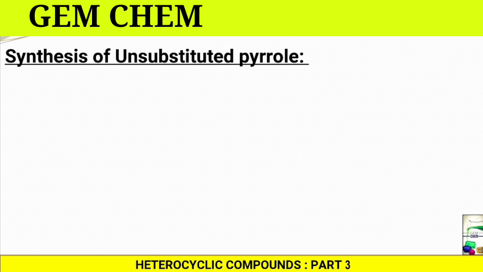Now we are going to try to synthesize unsubstituted pyrrole. And in this case, we are going to use 2,5-dimethoxytetrahydrofuran as a succinaldehyde equivalent, and this expands the Paal-Knorr synthesis to include unsubstituted pyrrole.